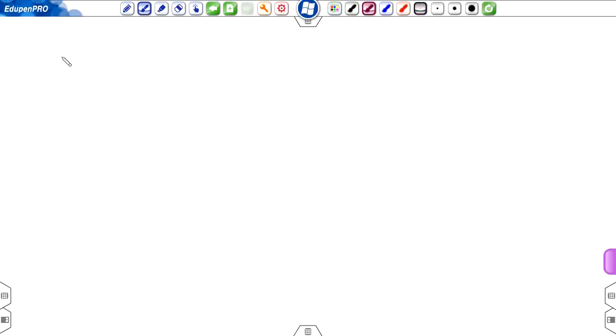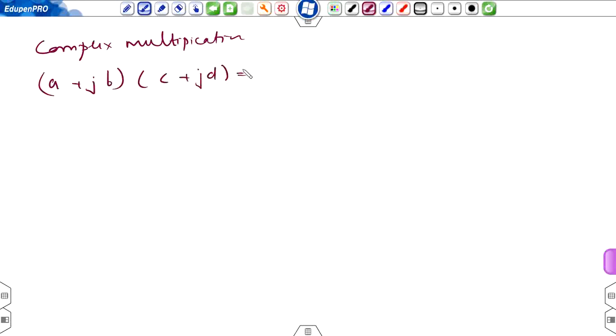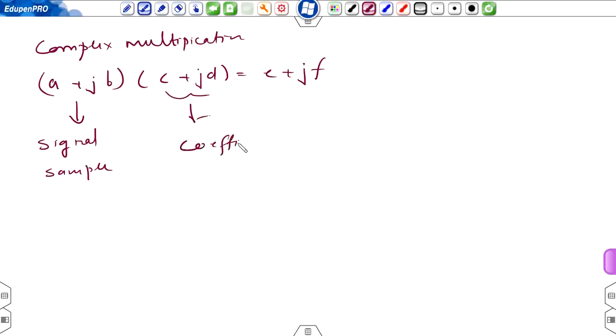Consider a complex multiplication: A plus j times B multiplied by C plus j times D, equal to E plus j times F. A plus jB is the signal sample and C plus jD is the coefficient.